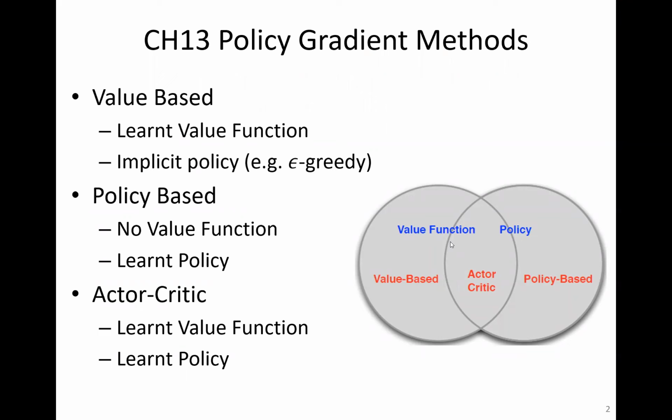We have been discussing value-based methods, where you learn the value function, particularly the Q value function, and then the policy is obtained by taking an argmax, often implicitly during training. So it could be epsilon greedy. In policy-based methods, there's no value function; you only learn the policy. And actor-critic learns both the value function and the policy.